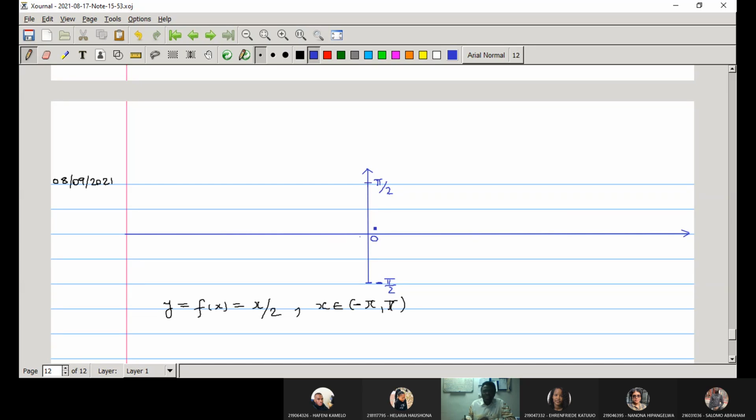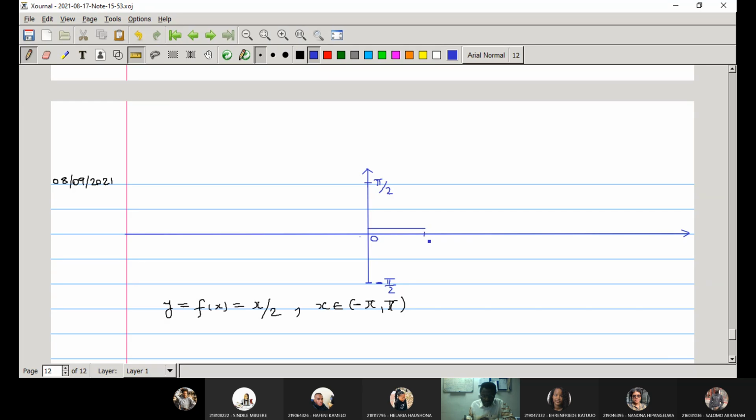Now I will change the scale a bit because I want more. Let me do this. It will really help me if I do that. I hope it will not hurt anybody. So I will decide that this length, this is our pi by 2.